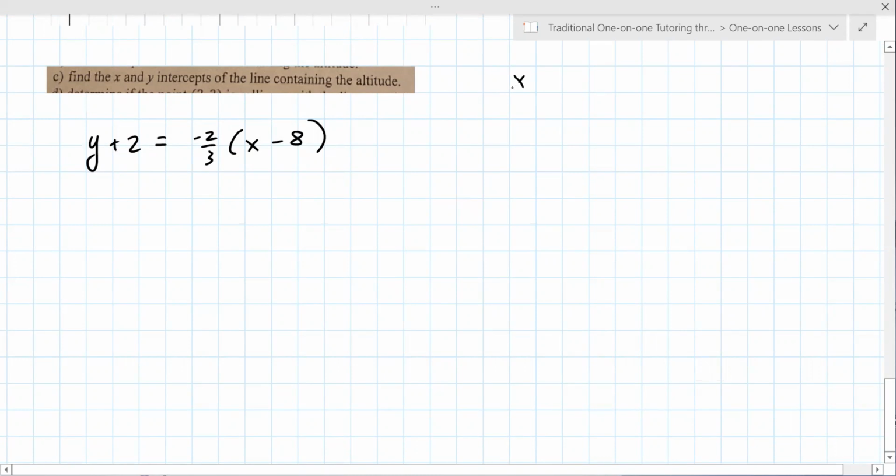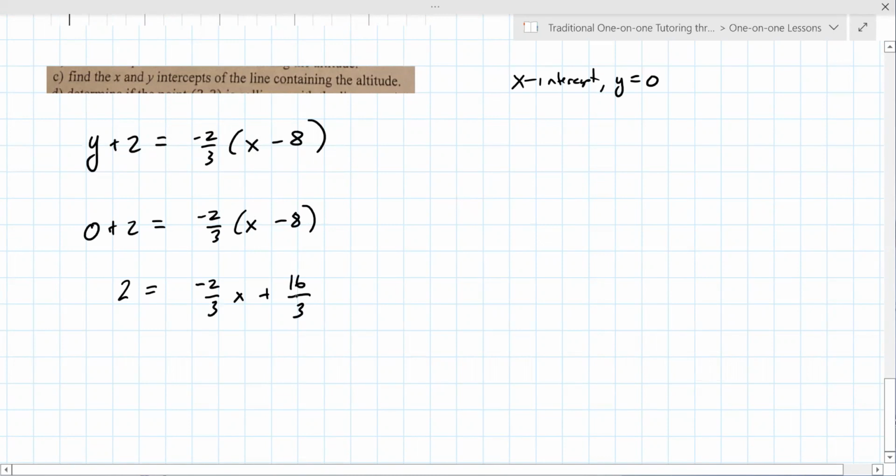Okay, so the x-intercept means that y is 0. Y equals 0. 0 plus 2 equals negative 2 over 3 times the quantity x minus 8. So I think last time you distributed in, which is fine. We'll do that.